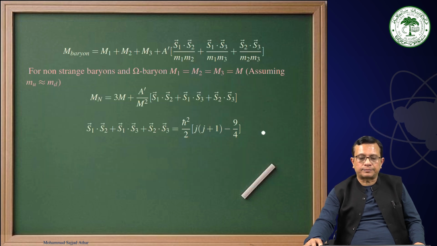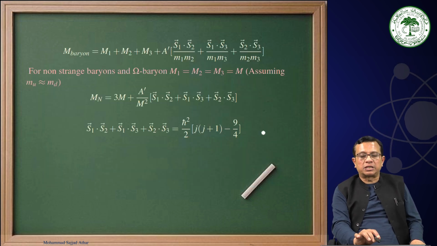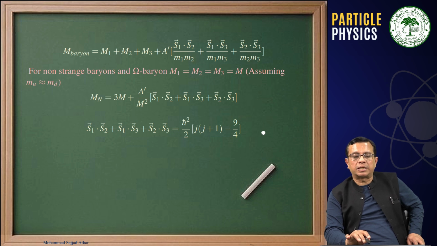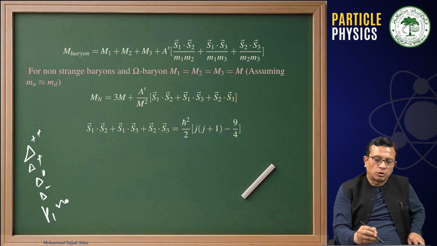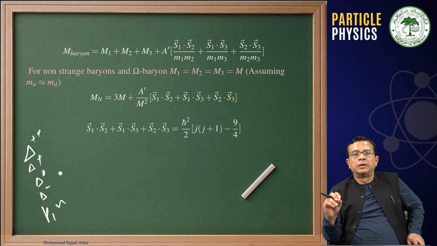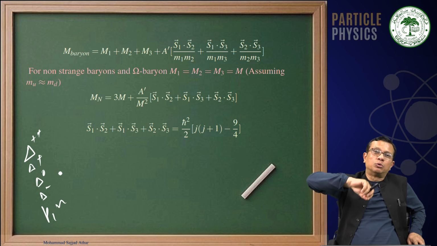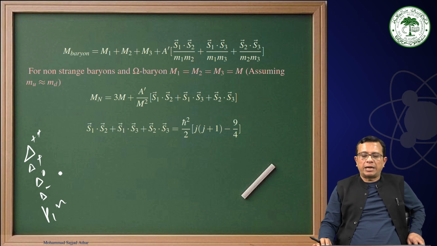That is what I have written here for the baryons: M1 plus M2 plus M3, with a proportionality constant M prime, for 1 and 2, 1 and 3 and 2 and 3. If we talk about the 4 deltas, proton and neutron, all of them are made up of U and D quarks. When we include a strange quark, we will have additional terms.